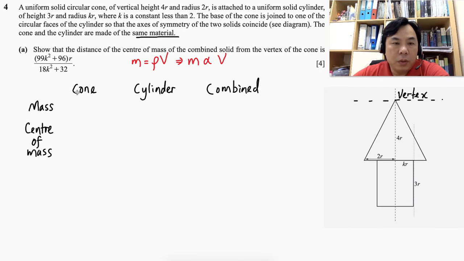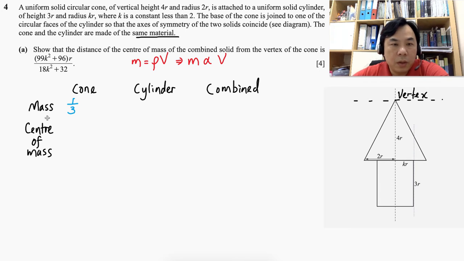Now, first of all, the mass for the cone. The volume of the cone is 1/3 pi r square h. Now the radius for the cone is 2r, so therefore we have 1/3 pi multiplied by 4r square here. Sorry, I missed out my pi there.